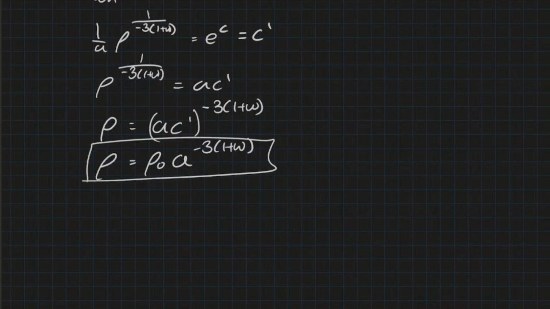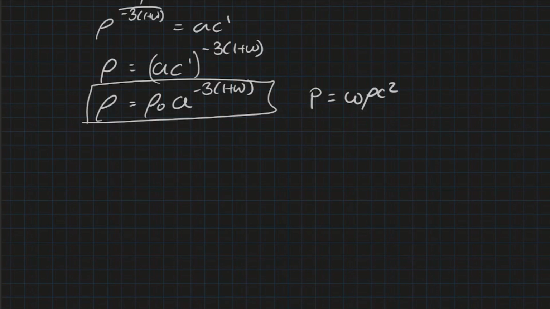And this gives us our solution to the fluid equation for an equation of state p is equal to w rho c squared. This solution tells us how the density of a certain type of constituent in the universe changes as the universe expands with A. So some examples of this are w is equal to 0, which is matter.